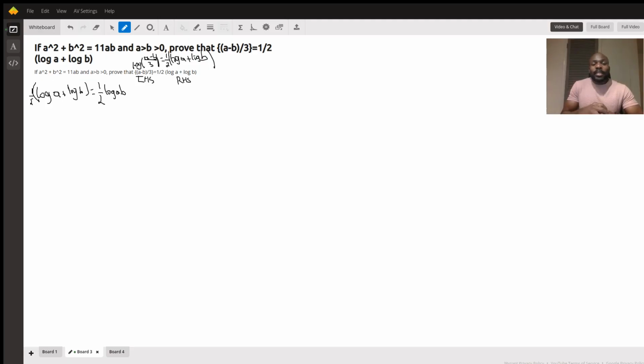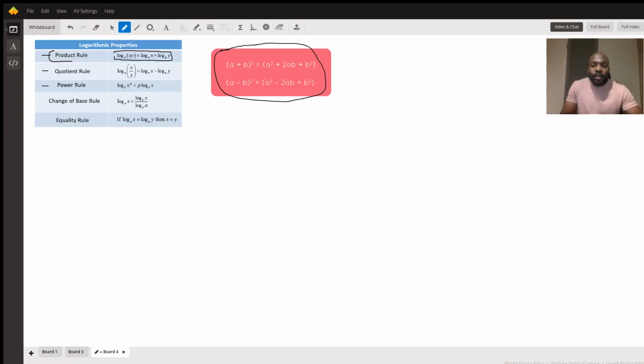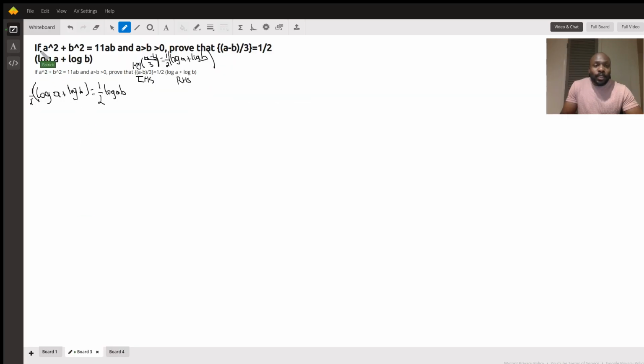Keep in mind the left-hand side, we need to end up with log of (a minus b) over 3. So we have an a minus b at the top of the left-hand side. And the reason I brought up the perfect squares is that we cannot square root both sides here and end up with a minus b. That's not going to work.